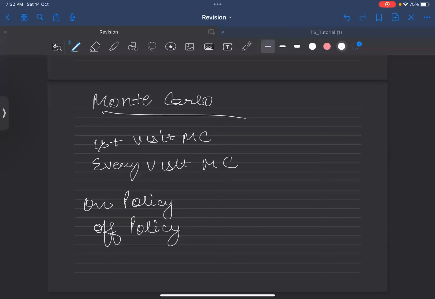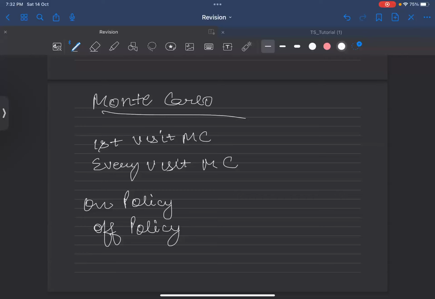To start generating episodes, we do need a policy, so we take any random policy to start with, could be greedy, could be uniform random, could be anything. Using that policy, we get sample episodes, and then we optimize the policy. What we arrive at in the end is the optimal policy.